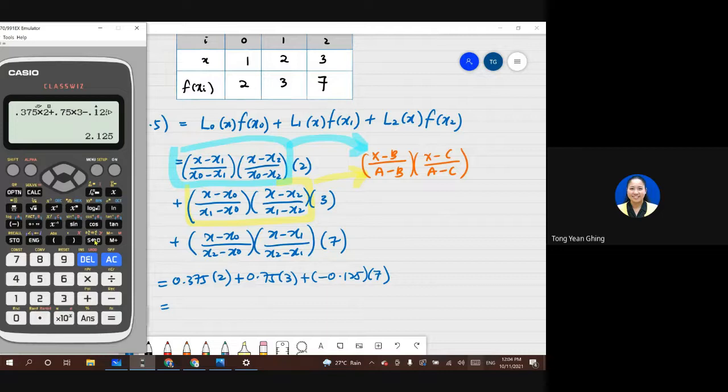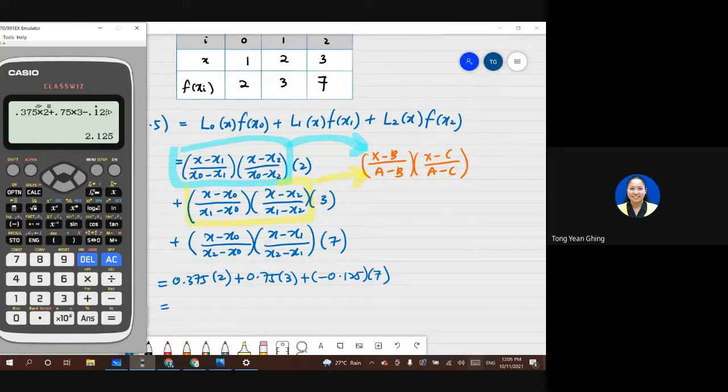Why is the answer 2.215? It should be 2.125, right? 0.375 times 2, 0.75 times 3, 0.125 times 7.